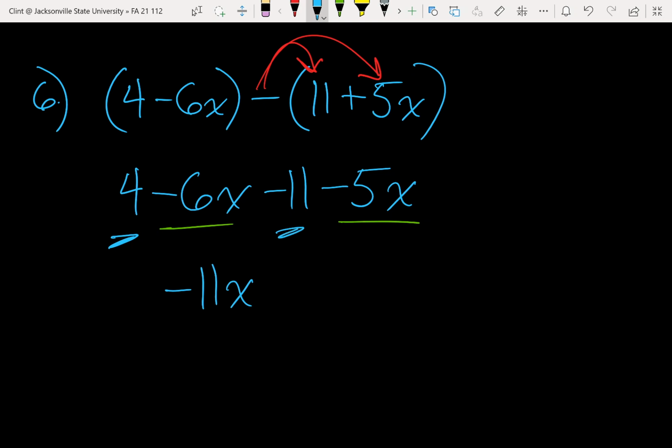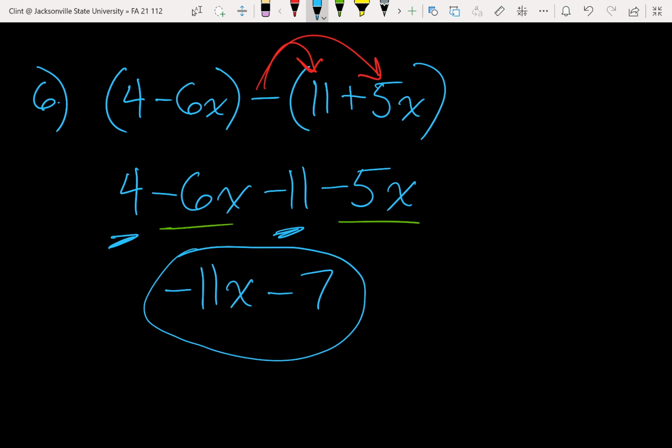And I've got 4 minus 11, that's negative 7. Okay. And on that one, remember if you're subtracting, you have to deal with the signs. Okay.